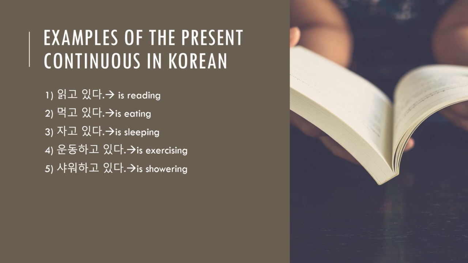Whenever we try to understand a word like 읽고 있다, something 하고 있다 means something that we describe as a present thing. So as you can see, words like 읽고 있다, 자고 있다, 샤워하고 있다 describe be verb plus ing, right? These are the basic expressions for understanding the present continuous, okay?